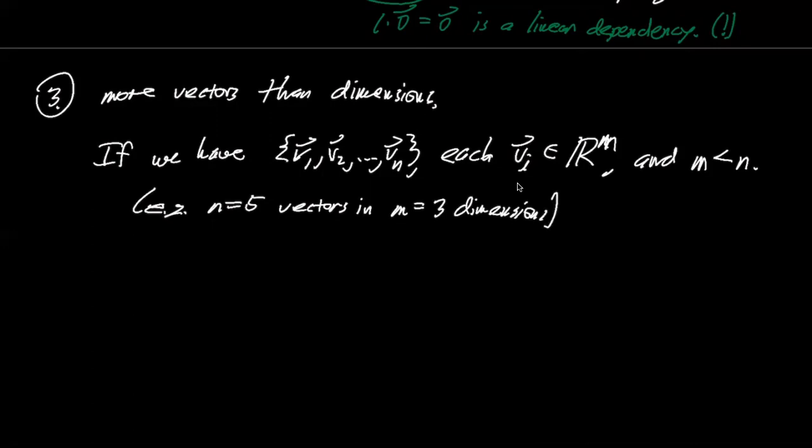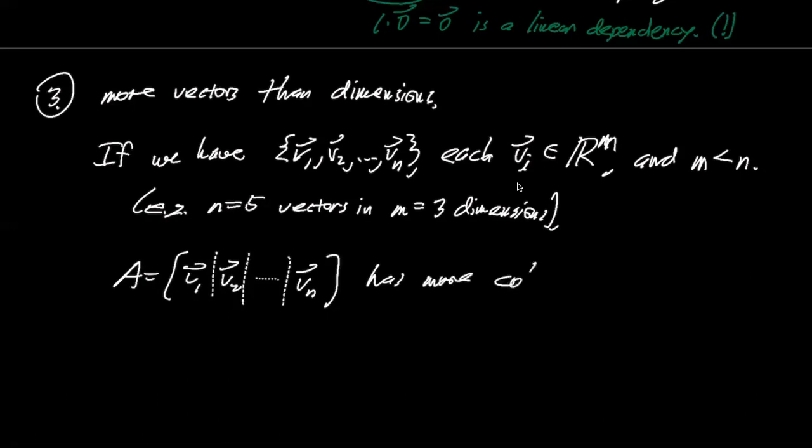Well, what's going to happen then? If we have this situation and we write our matrix whose columns are these vectors, this will row reduce, and it has more columns than rows. There's at most one pivot in every row or every column.